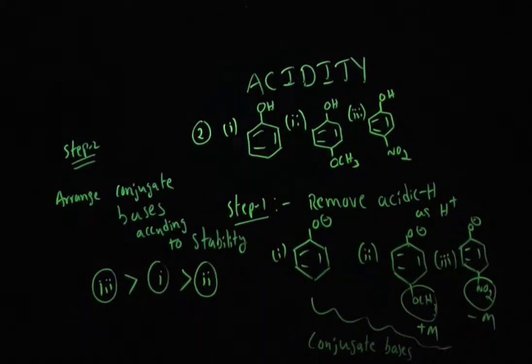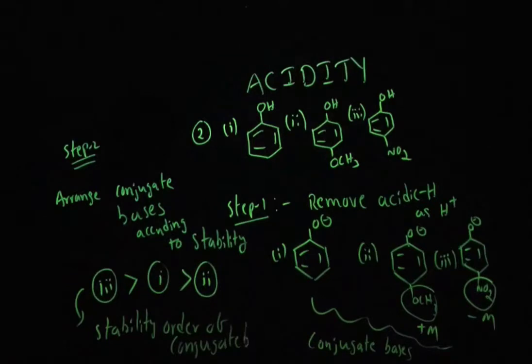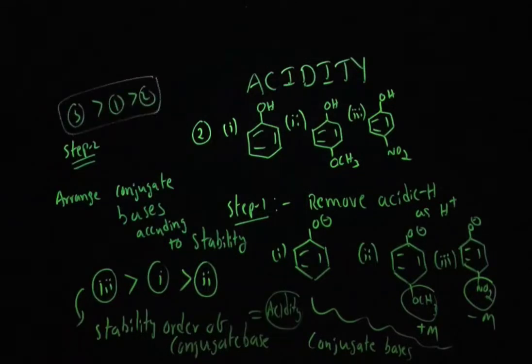Once you arrange the stability of the negative charge, this order will be the stability order of the conjugate base. The conjugate base stability order is equal to the acidity order. That means the acidity order will be 3 is greater than 1 is greater than 2.